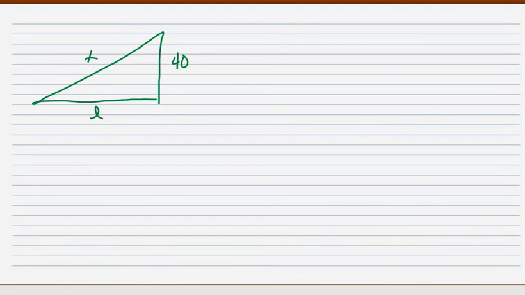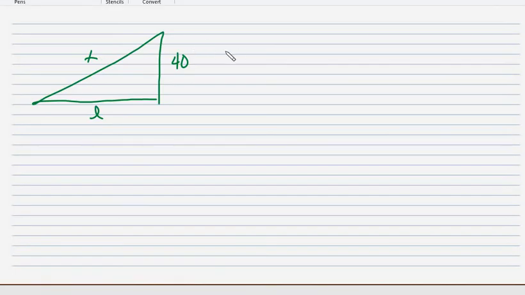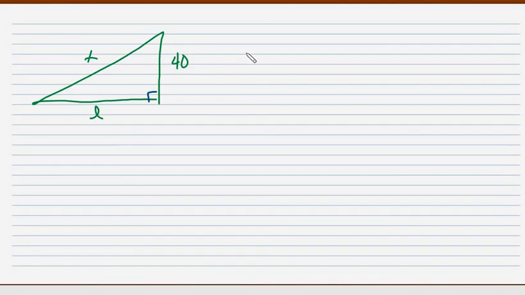Okay, and from this, the equation that we can derive is again using the Pythagorean theorem, because this is a right triangle. We have x squared is equal to 40 squared plus L squared.